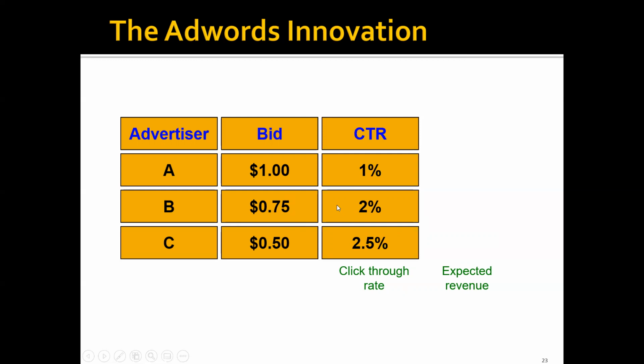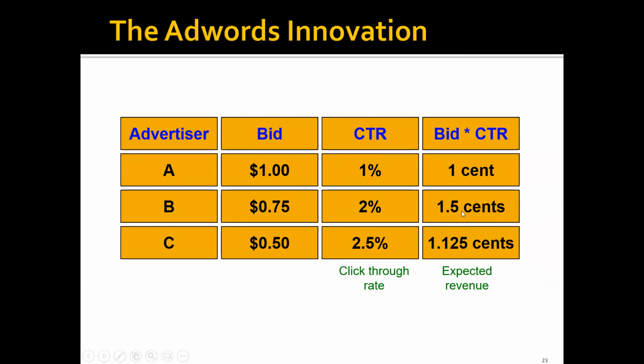And if we compute the expected revenue as the bid times the CTR, we'll get something like this. So basically, the expected revenue of showing the ads from advertiser A will be just 1 cent, the expected revenue for B is 1.5, and for C the expected revenue will be 1.125.